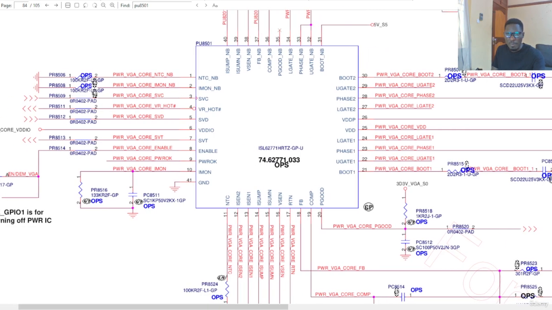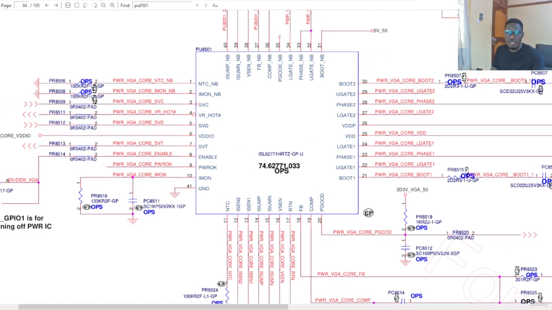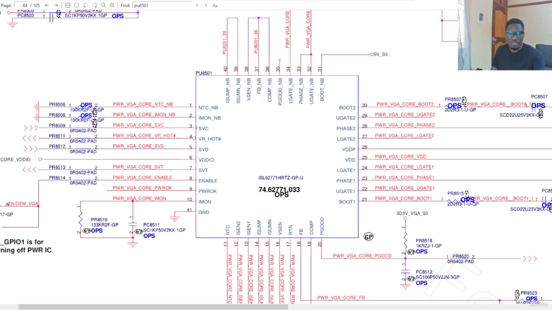The difference here is that these chips have got numbers, the pins. You see pin 1, 2, 3, 4, 5. So these numbers represent the pins on the chip, and these arrows represent the lines going out and in of these pins.